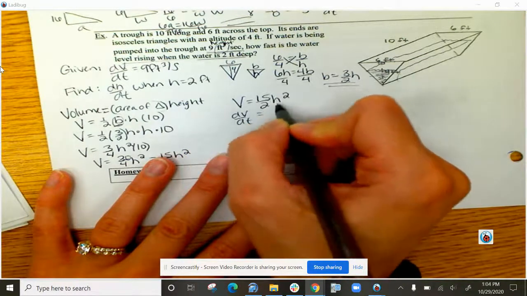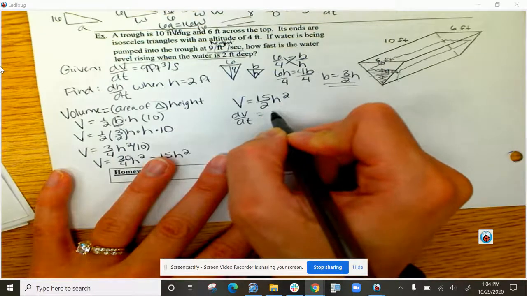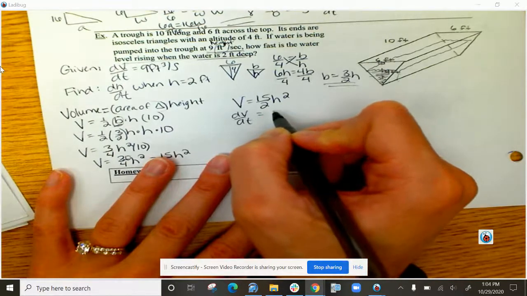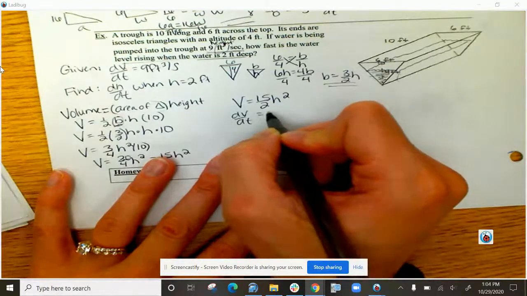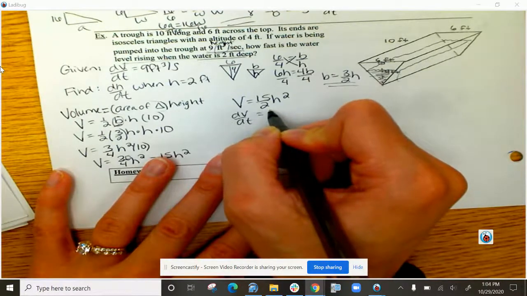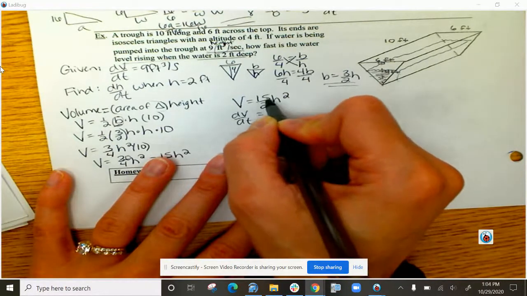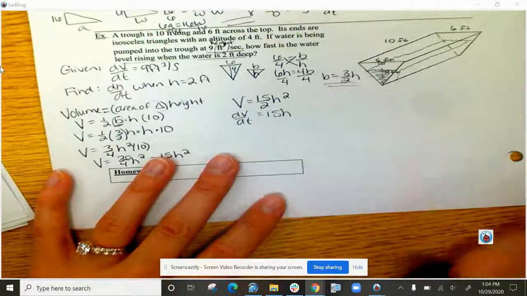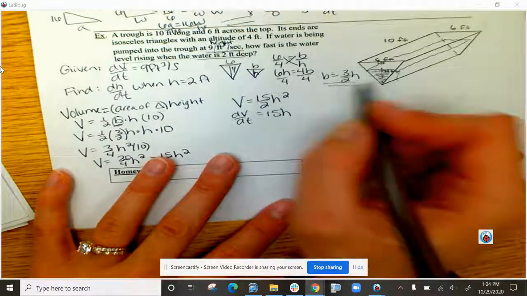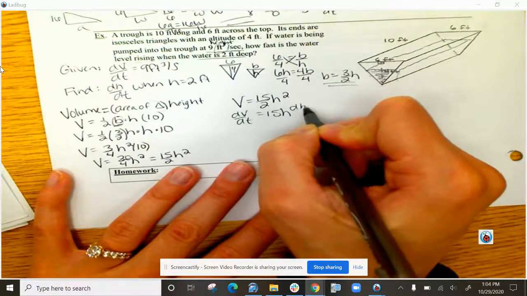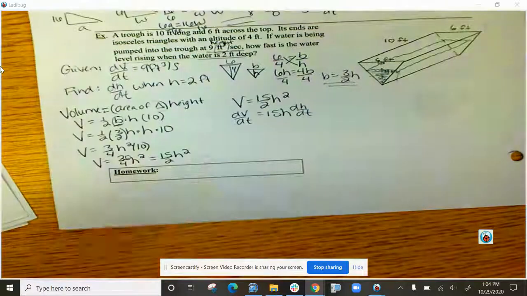Derivative of this here is going to be 2 times 15 over 2, which is 30 over 2. I'm just going to call this 15h. That'll work. And this is dh/dt.